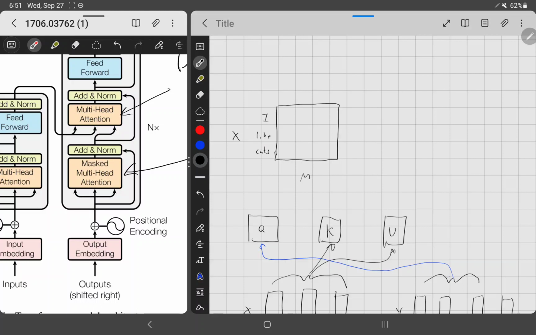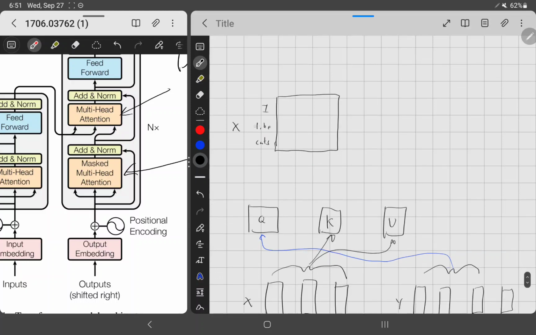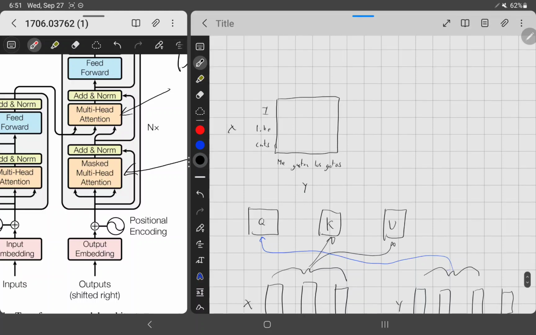This would be your input sequence X, and then this would be me gustan los gatos, and that would be your Y. Basically you just have this routing of information, and this isn't masked. So that would be 4 by 3.